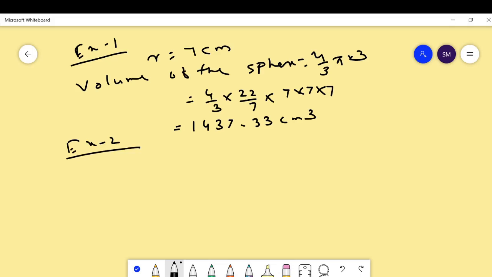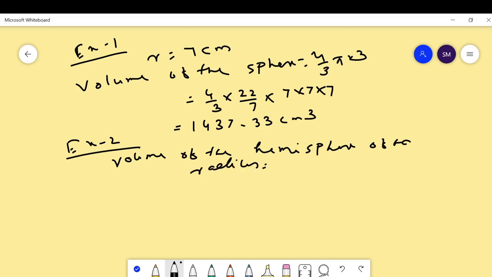Here another example says find the volume of the hemisphere of radius r.